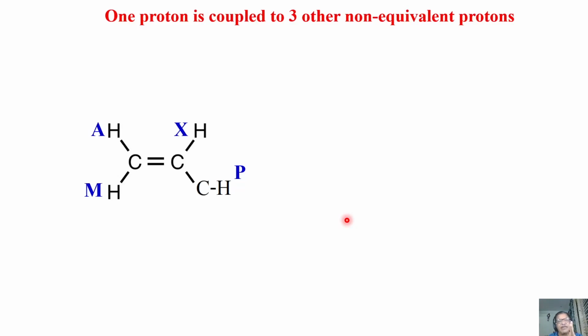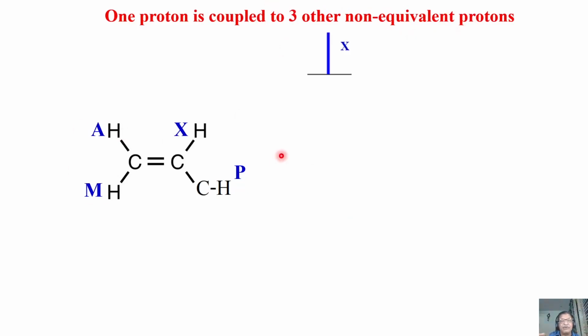And when 3 protons are coupled, each one got 4 lines. Now we will see what happens when 4 protons are coupled, that is, 1 is coupled to 3 chemically non-equivalent other protons.